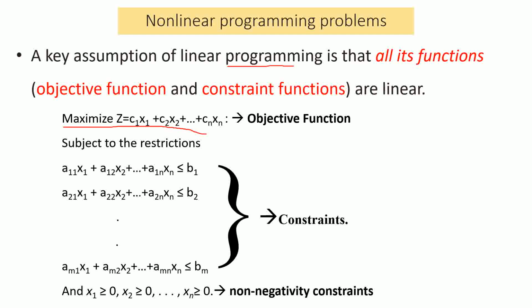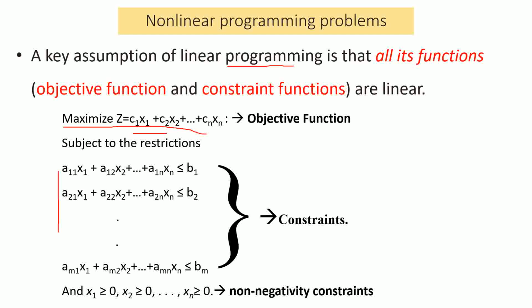This is the objective function, subject to the restrictions or the constraints a11 times x1 plus a12 times x2 and so on. These are the constraints, and as you see, the objective function and the constraints have a linear relationship between the variables. Linear relationship means the exponent of the variable x is 1.